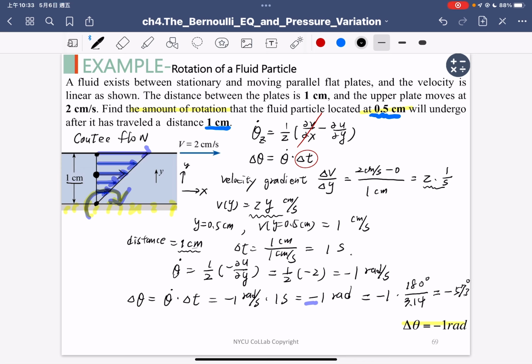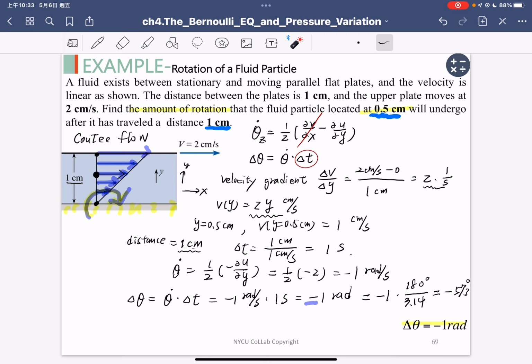But in this case, we only have 1 second of travel time, so only 57 degrees rotated, and the direction is clockwise, because this is minus 1. So this is an application of the rotation definitions.